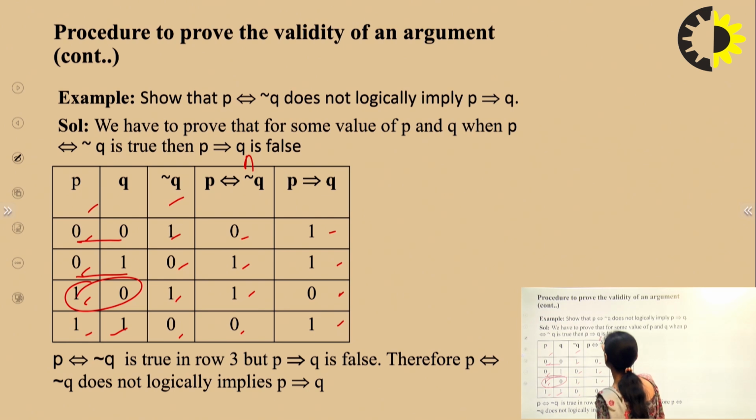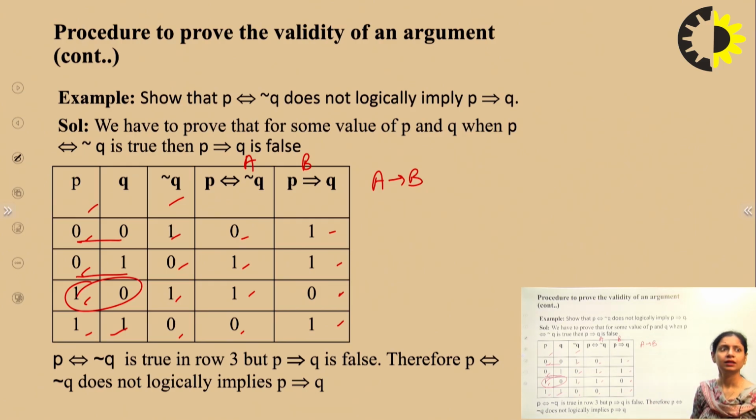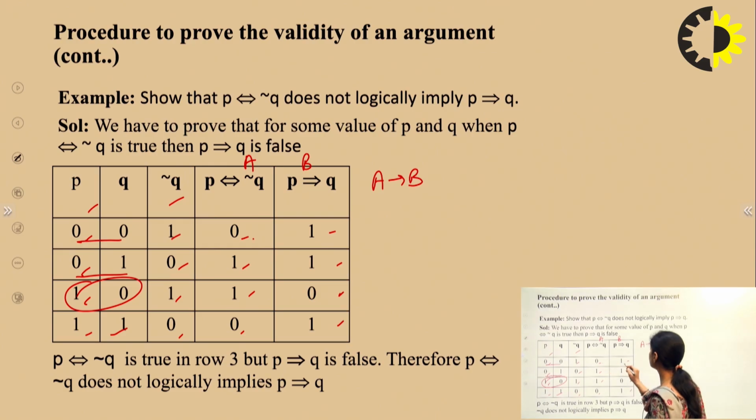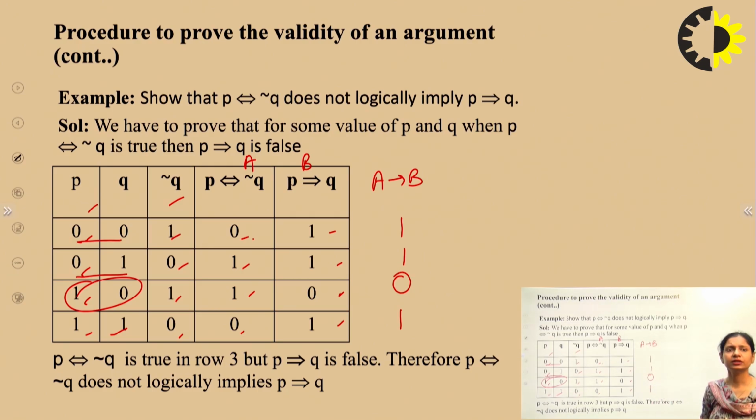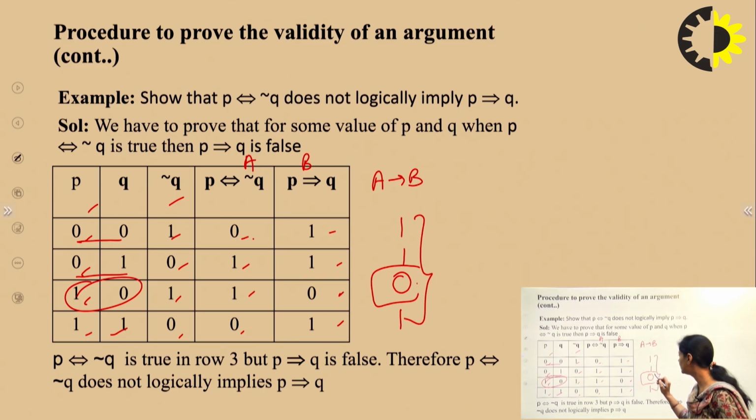Let's consider this as A and this as B. So, we need to find out A implies B. A implies B: 0 and 1 gives 1, 1 and 1 gives 1, 1, 0 gives 0, 0, 1 gives 1. So, this is not a tautology at all, because here we get a false value. Hence, this is not a valid argument.